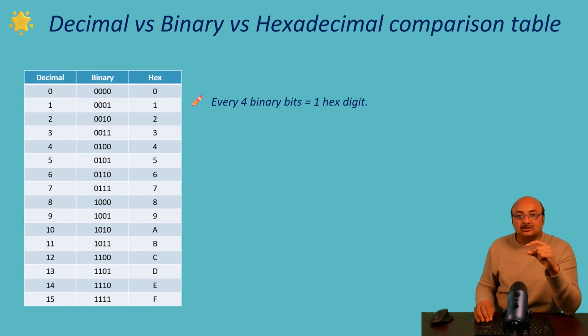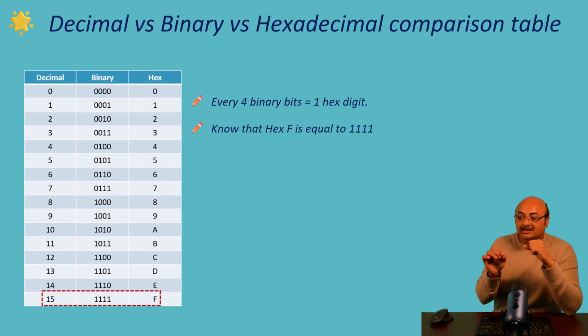Now pay special attention to number F, which has a binary equivalent of 4 ones. This is going to be discussed in detail when we go on the topic of MAC addresses and in particular talk about broadcast MAC addresses.